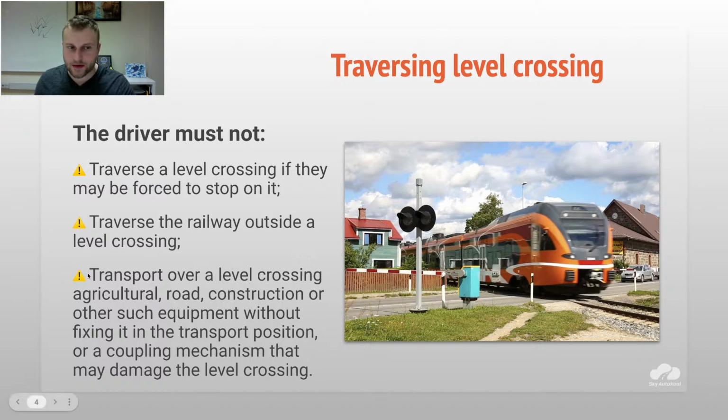And here it's mostly for truck drivers or other, like agricultural or construction vehicles. They also cannot cross the railway because they can damage the rails basically. For example, big tractors with big wheels. So they cannot cross it because they can damage it.